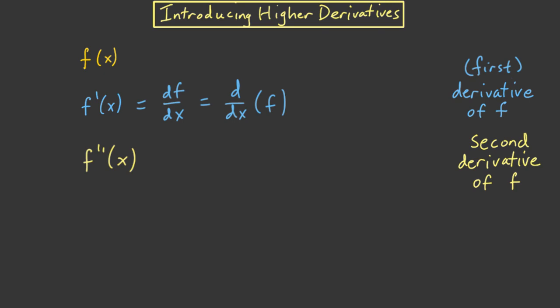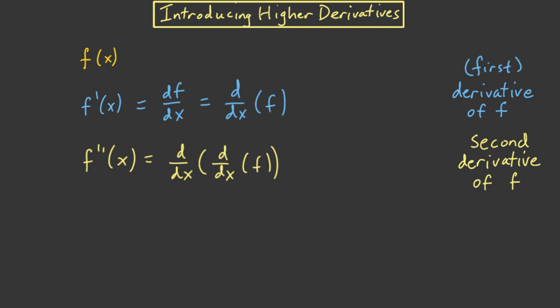That means that when we take a derivative of this, we apply d over dx again. So it's going to be d over dx of d over dx of f. And it's the derivative with respect to x of the derivative with respect to x of f.